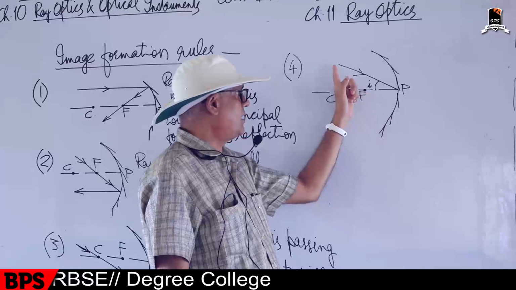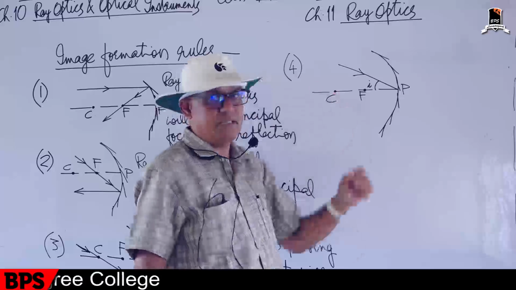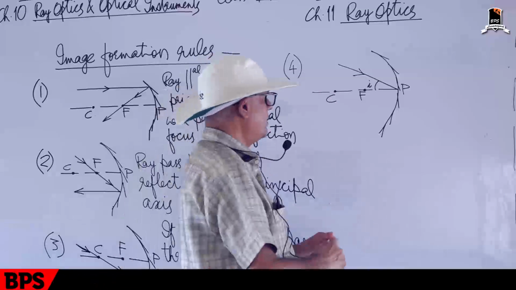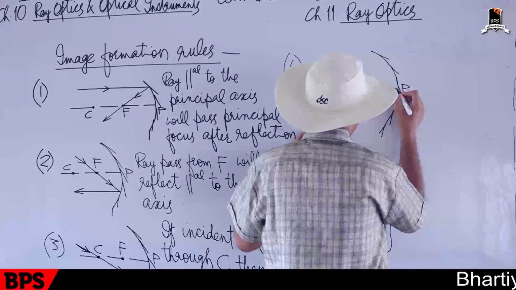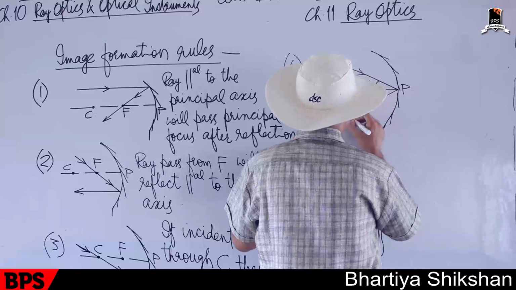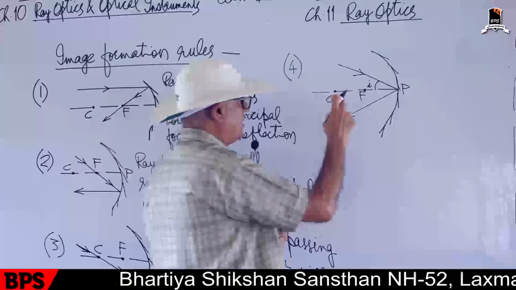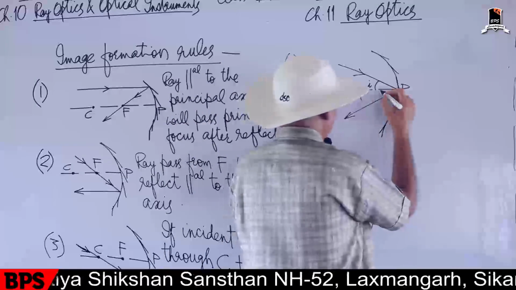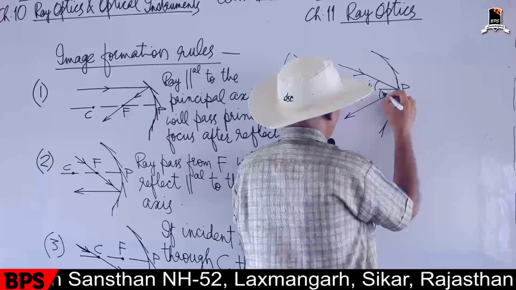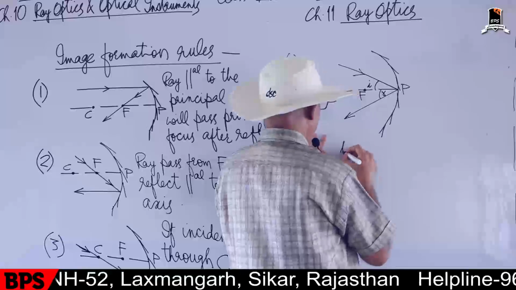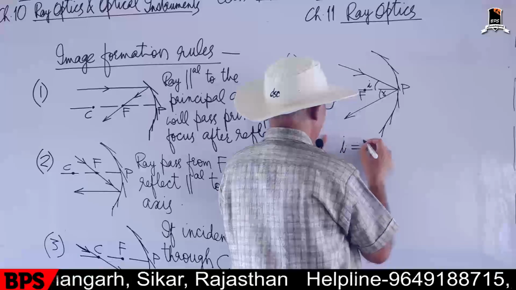This angle will be the incidence angle I, and following the laws of reflection, the reflected ray will also make angle I with this principal axis. So this angle will be R, the reflection angle, and I will be equal to R.